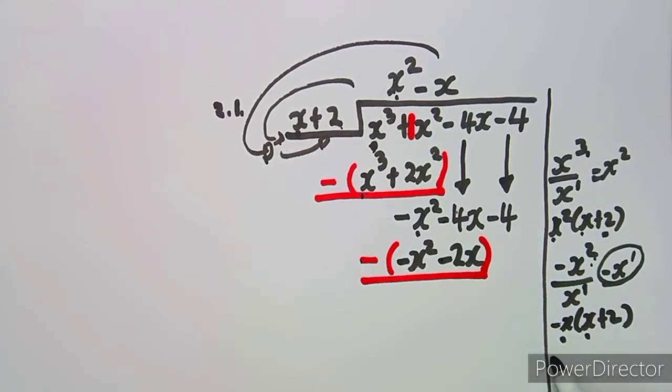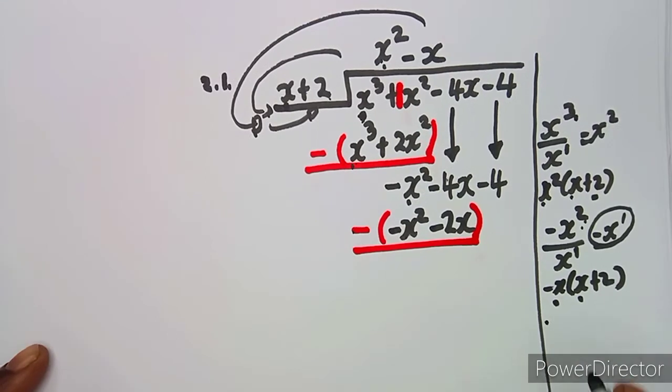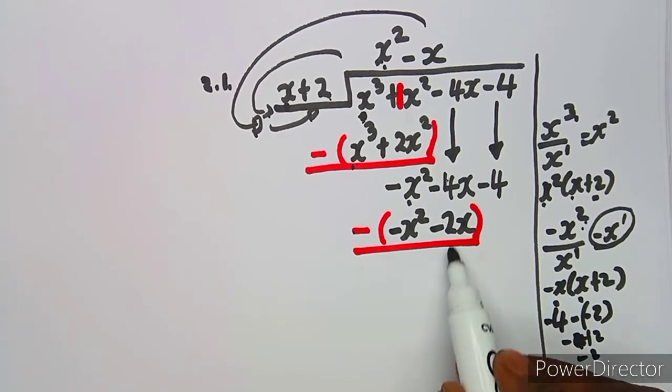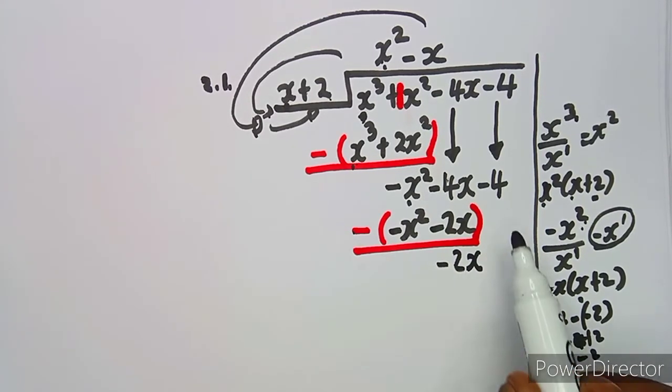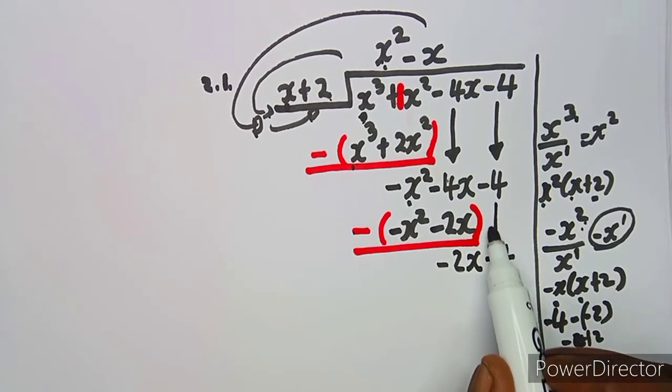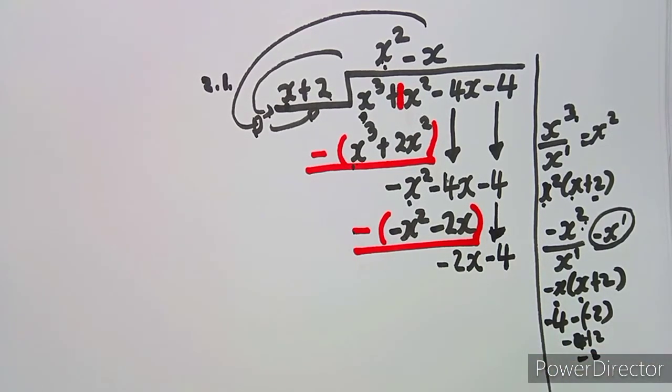Take note, guys, minus 4 minus minus 2. This is going to give you, from your calculator, minus 2, because it will be minus 4 plus 2, which is minus 2. So you're going to obtain minus 2x minus 4. So we drop this negative 4, like that.